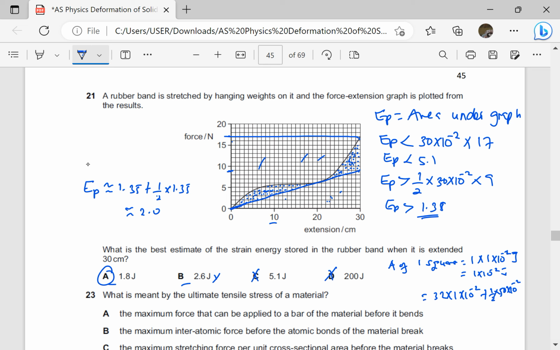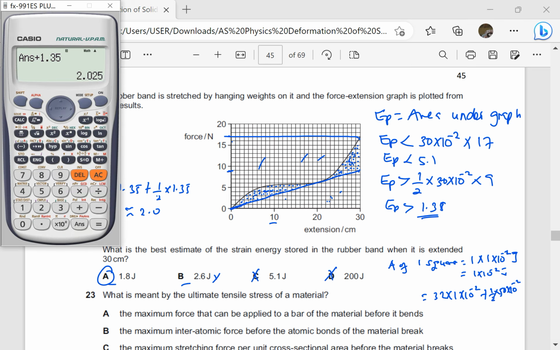So what is the total area of the small squares? So we have 32 plus 25, times 1 exponent negative 2. So this is giving me 0.58.